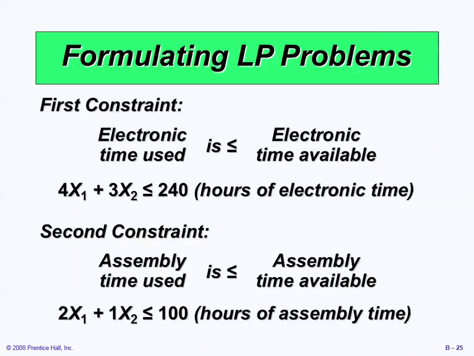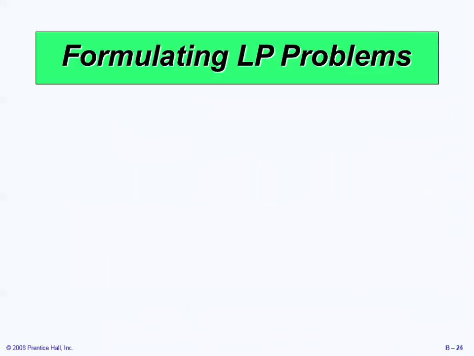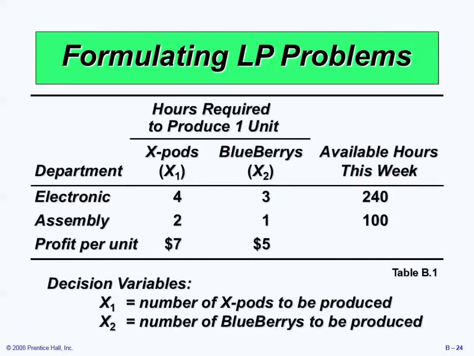Similarly with the assembly department, each X-Pod requires 2 hours of assembly time, and each Blueberry requires 1 hour. Okay, so each X-Pod requires 2 hours of assembly time. Each Blueberry requires 1 hour of assembly time. So assembly time requirement is 2 times X1 for the X-Pods, 1 times X2 for the Blueberries.